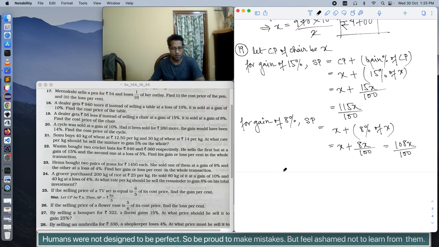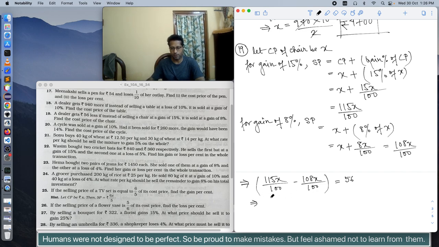Now the problem is saying that a dealer gets rupees 56 less if instead of selling the chair at a gain of 15%, it is sold at a gain of 8%. We can clearly see that 115X by 100 is more than 108X by 100. So we must have 115X by 100 minus 108X by 100 equal to 56.